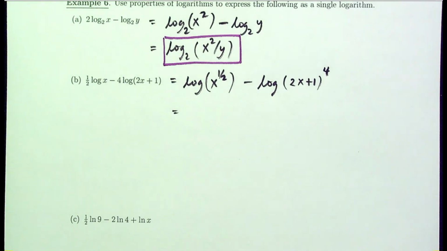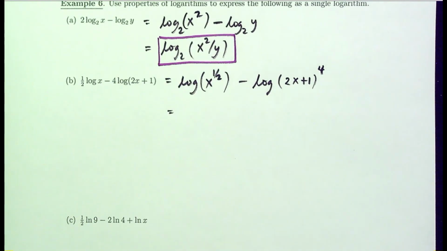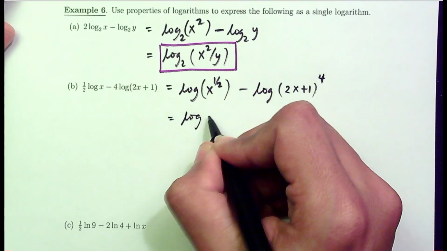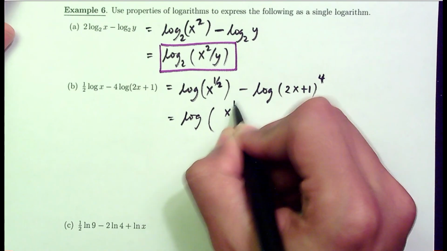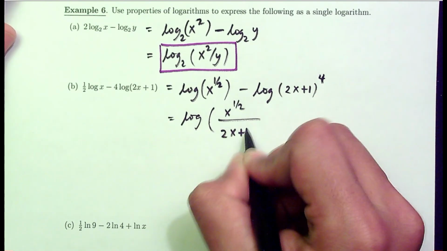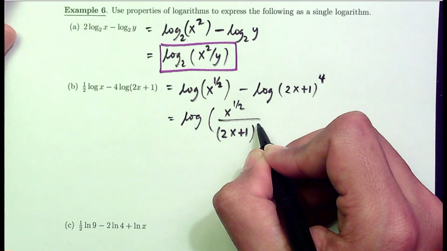Okay, and now you have a difference of 2 logarithms. So you can combine them like the top. You can condense these 2 logarithms into a logarithm of the quotient. So this is the logarithm of x to the 1 half over (2x plus 1) to the 4.